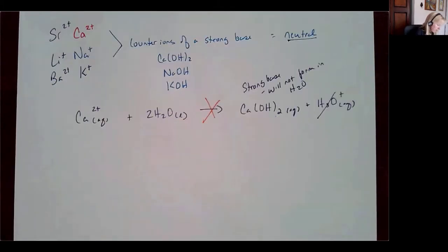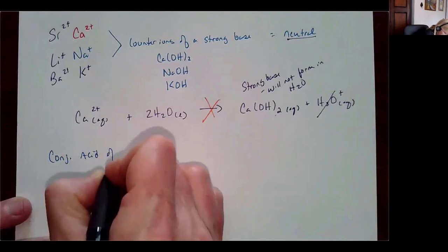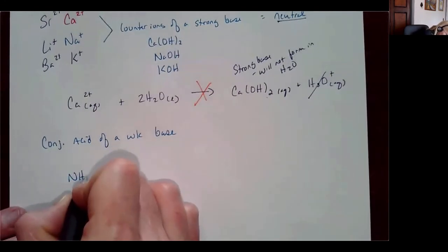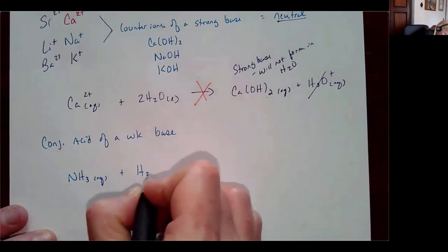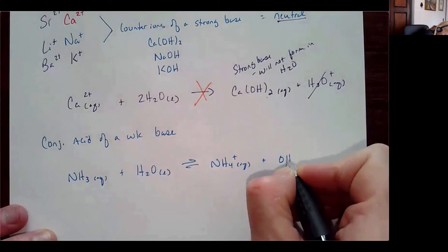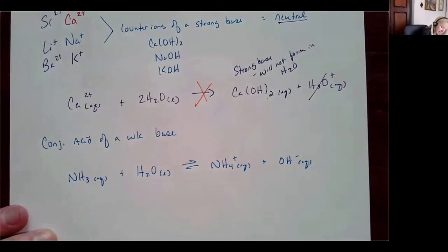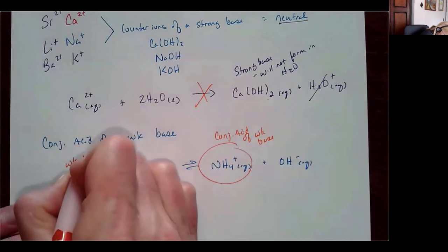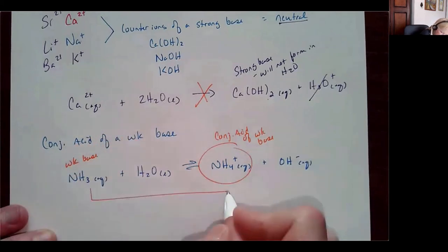If I have a counter ion of a conjugate acid of a weak base, let's use NH3. NH3 is a weak base. It's going to react with water to form NH4 plus and OH minus. NH4 plus is a conjugate acid of a weak base, because this is my weak base. So this is my conjugate acid-base pair.